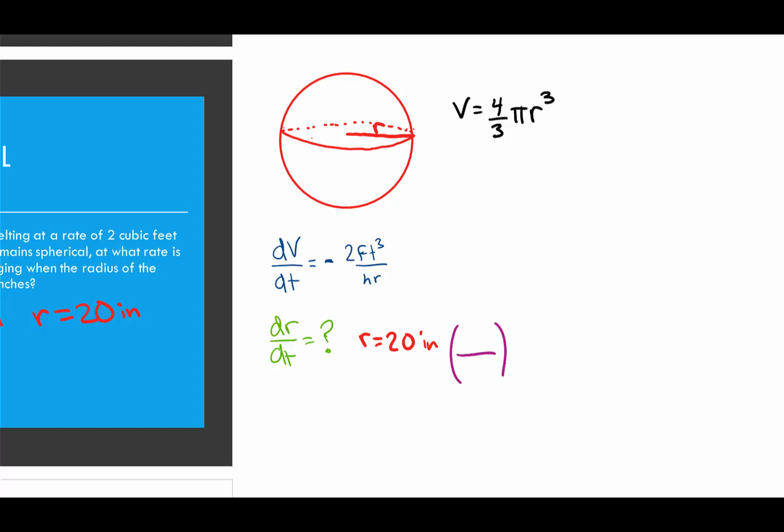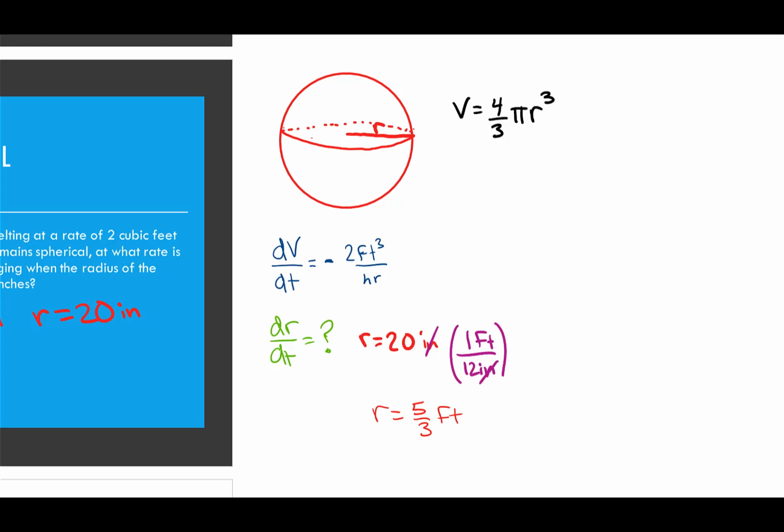There's 12 inches in every 1 foot. So now when we do that, our inches cancel out, and our radius is equal to 20 over 12. That's 10 over 6. That's 5 over 3 feet. So 1.6 repeating forever feet. We'll plug that in at the end.